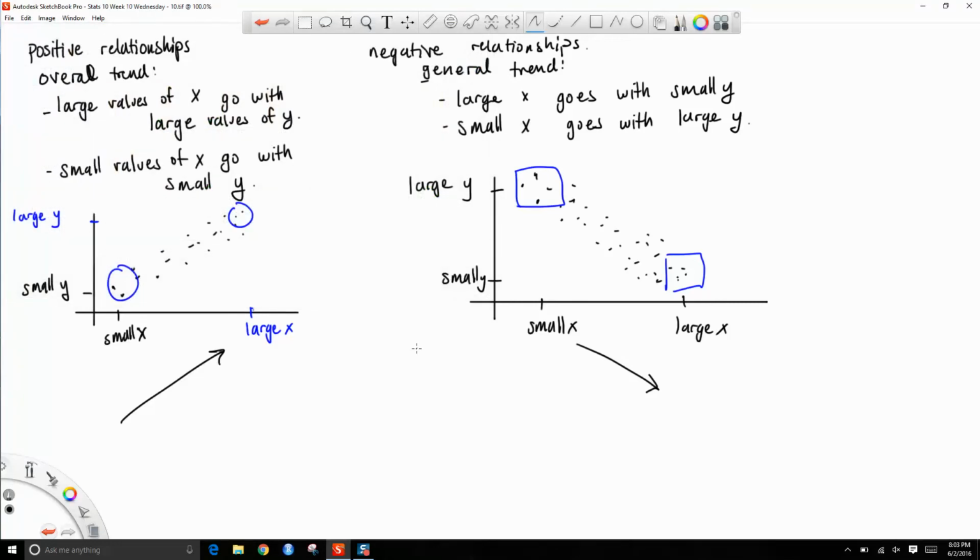And then we can talk about whether there is a weak or strong relationship. In a strong relationship, there's little scatter around, quote unquote, the line.